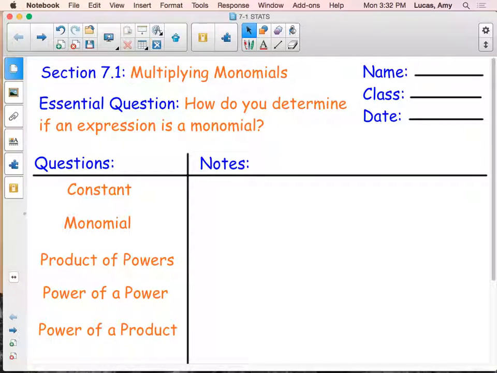Lesson 7-1, Multiplying Monomials. Our essential question today is how do you determine if an expression is a monomial? Our first new vocabulary word is the word constant. The word constant means something that does not change.